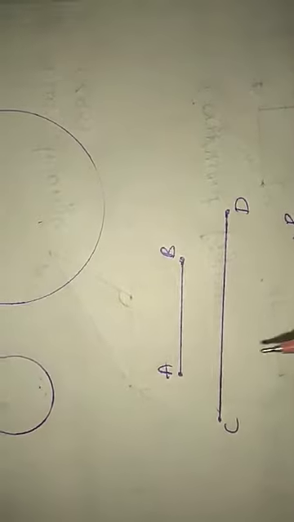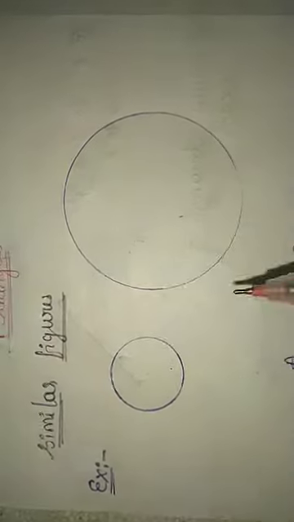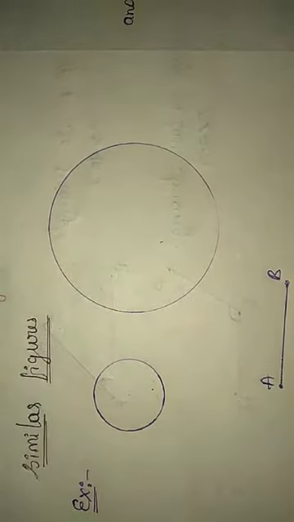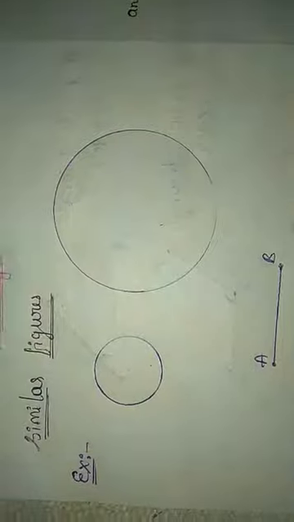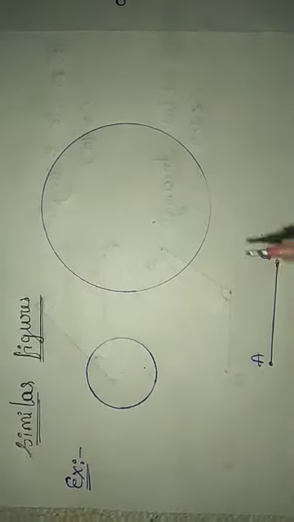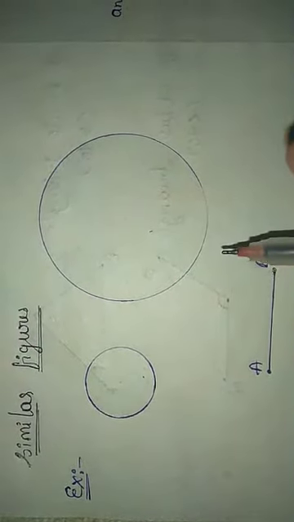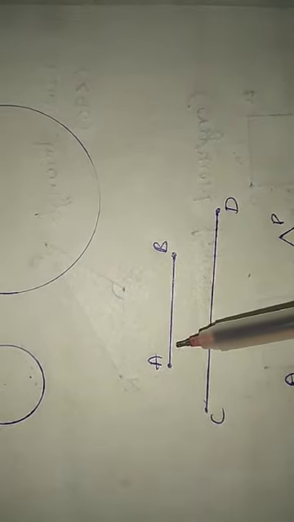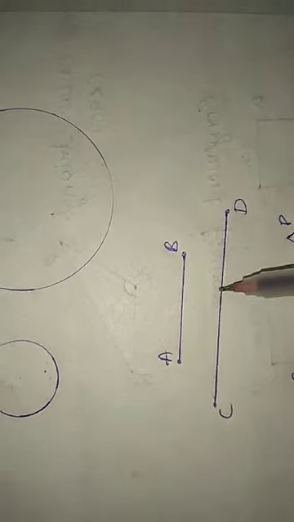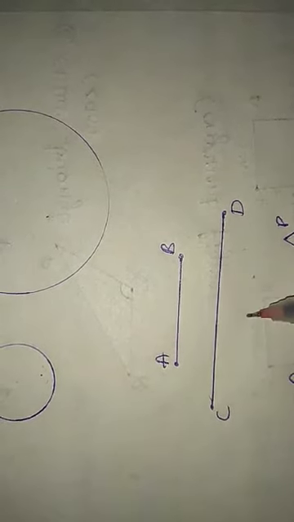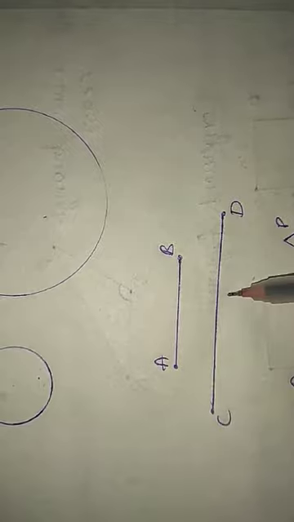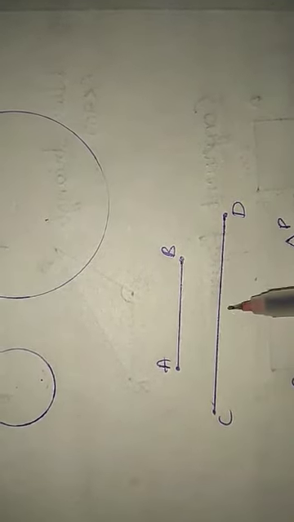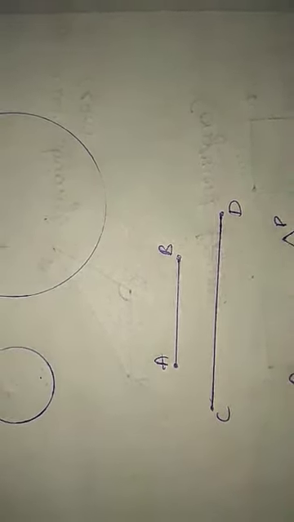And remember, all circles are similar. Take any two circles, they are similar. Next example, line segments. I have two line segments, AB and CD. These two are similar because they have the same shape, though not necessarily the same size.